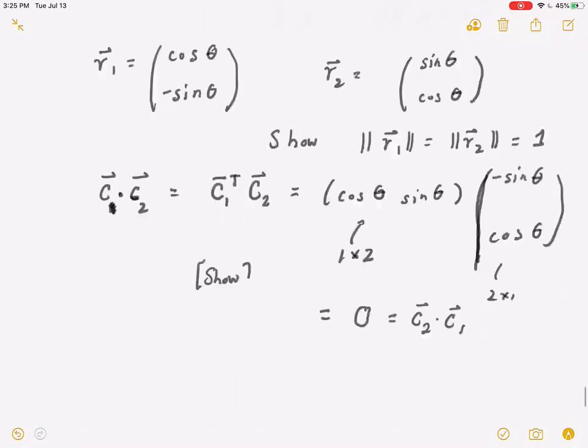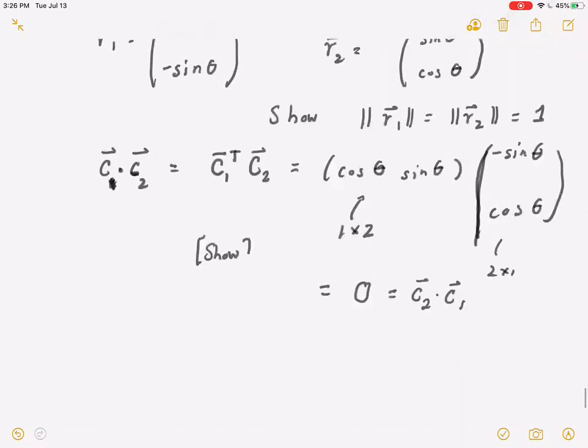And furthermore, it doesn't matter what the order of the matrices are. You could take the dot product of C1 with C2 or the dot product of C2 with C1. The dot product is commutative. You'll still get the same answer. And you can take this trick and apply it to the row vectors, using exactly everything we've learned so far.